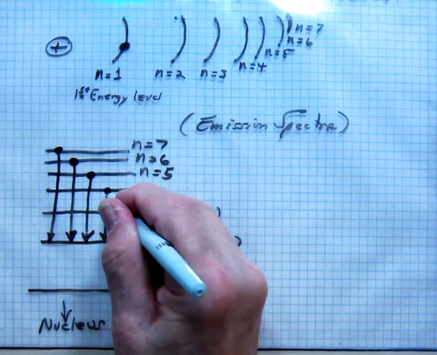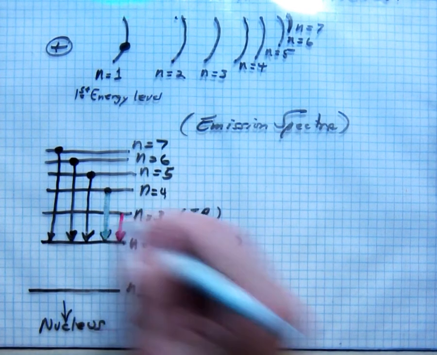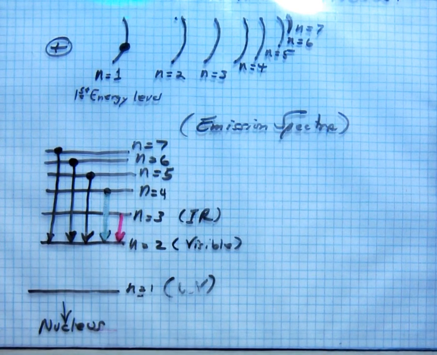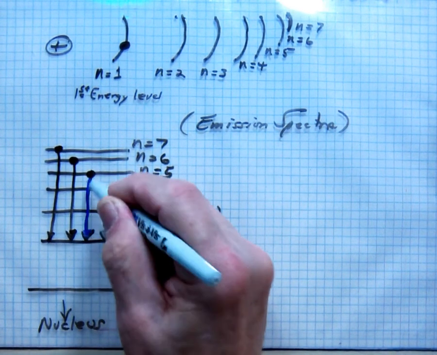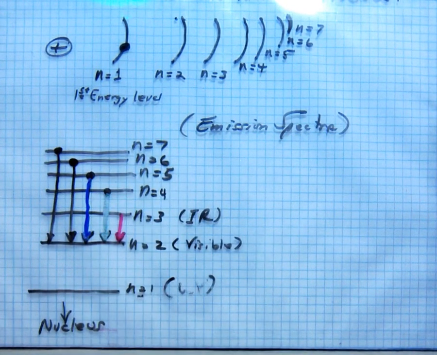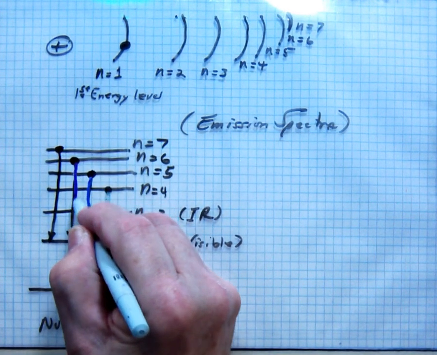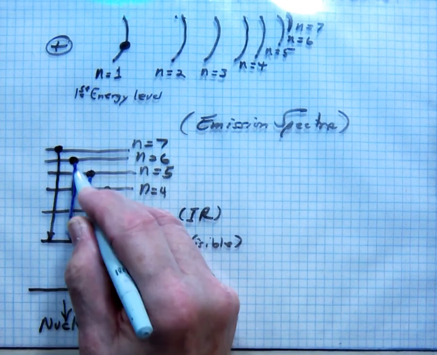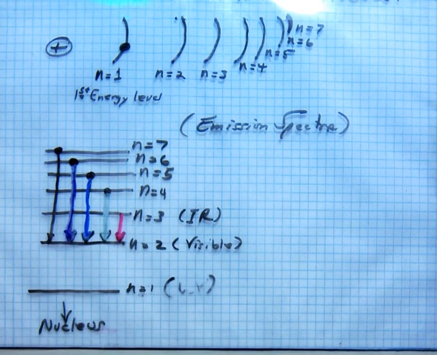The 4 to 2 transition is a green line. You probably can't see that, but that's a green line right there, believe it or not. The blue transition would be this next one. They're giving off those colors, those color lights. And violet would be the next one. And we cannot see 7 to 2. It's over in the UV range. So we're going to focus our attention primarily on these and these alone right here.